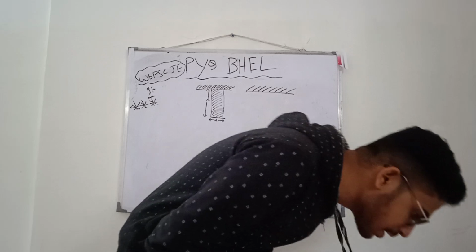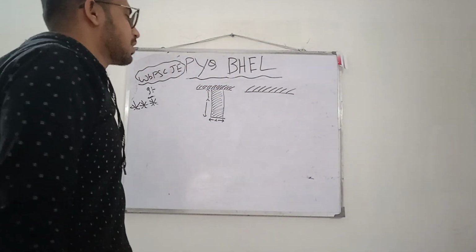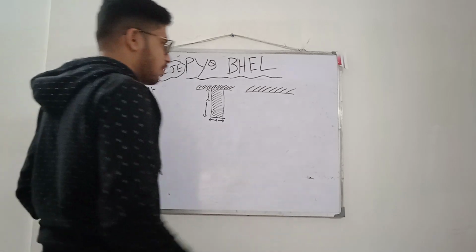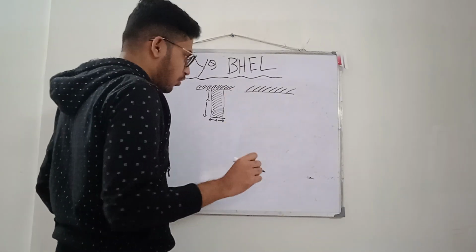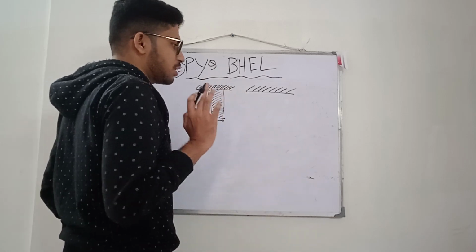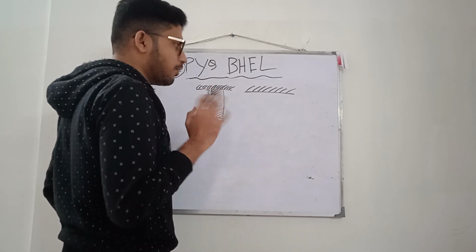So what is it saying? The elongation produced in the bar due to its own weight. It is again a formula of strain. It's elongating, which means it's deforming. So if some deformation is occurring, that means the strain formula will work.